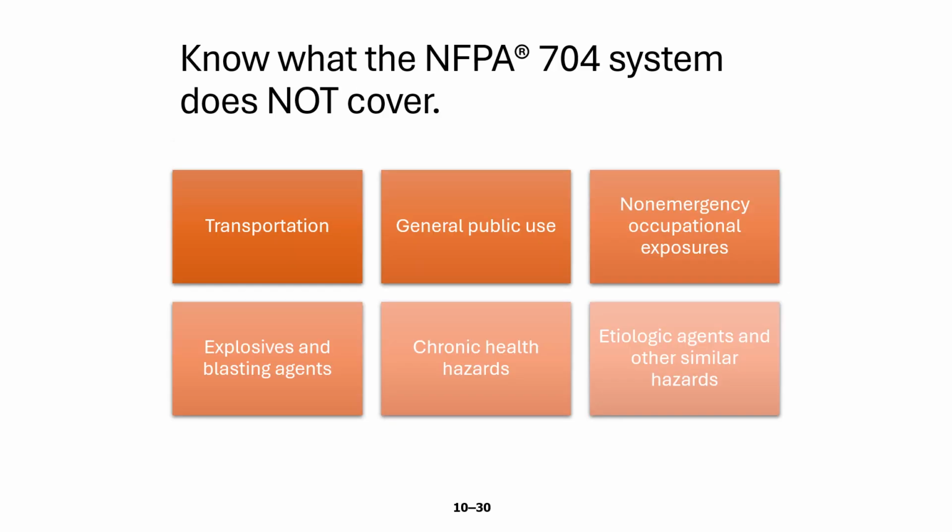So what are the limitations of an NFPA 704 system? Well, it's not designed for transportation or general public use for the following hazards: non-emergency occupational exposures, explosive blasting agents, especially at a commercial grade as well, chronic health hazards, etiological agents, and other similar types of hazards.